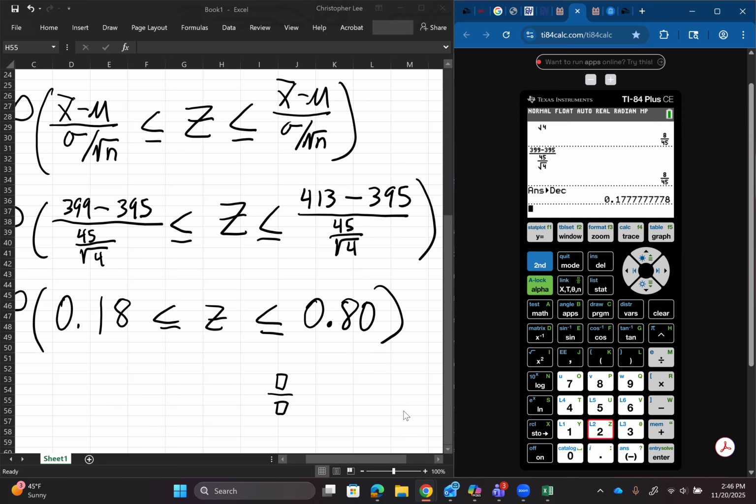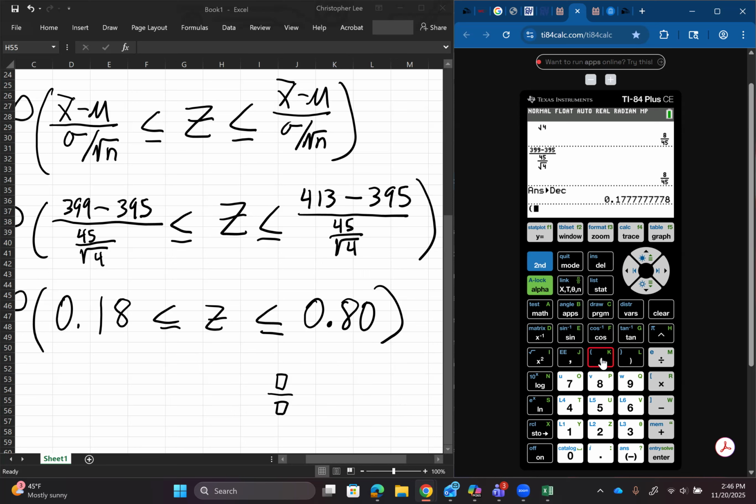So in your calculator, you're gonna type it in like this. You're gonna do open parentheses, 399 minus 395, then close parentheses. Then you're gonna divide, then open parentheses. Give me 1 second, let me just retype this in.